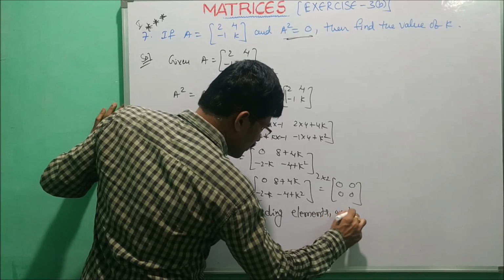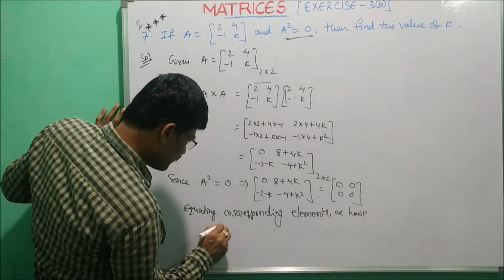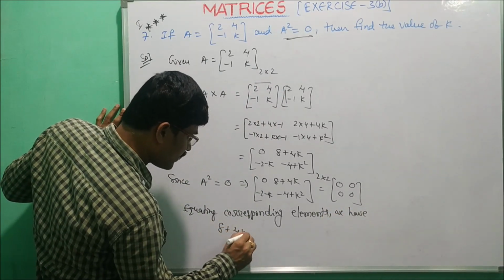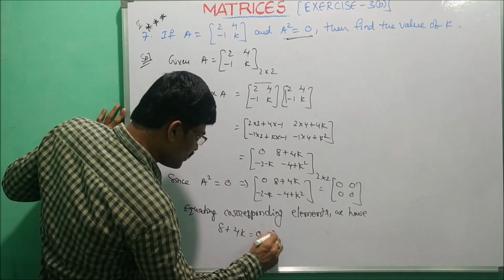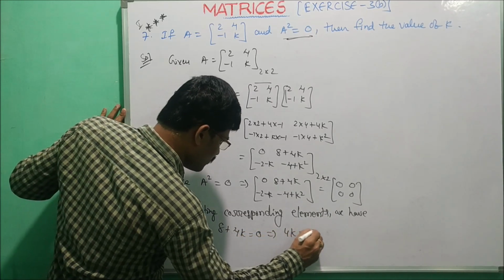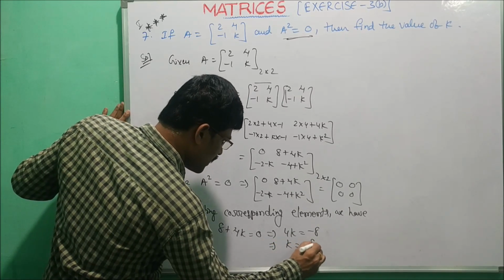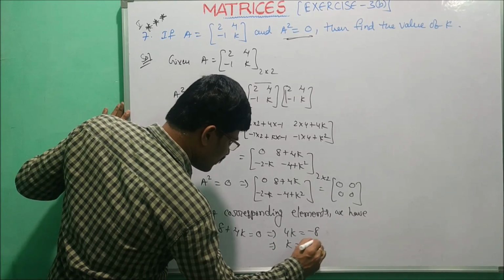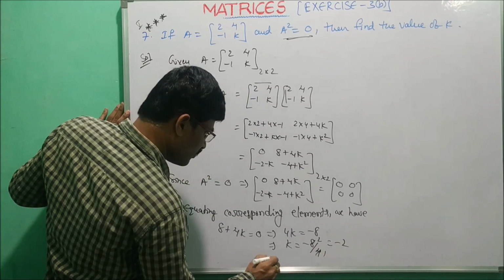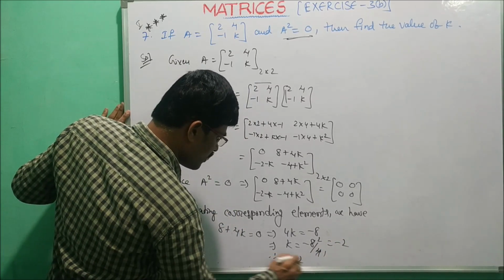We have 8 plus 4k equals 0. In that, 4k equals minus 8, which implies k equals minus 8 by 4, that is minus 2. Therefore k equals minus 2.